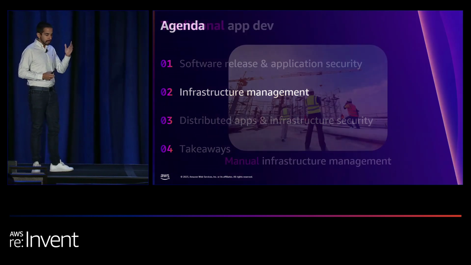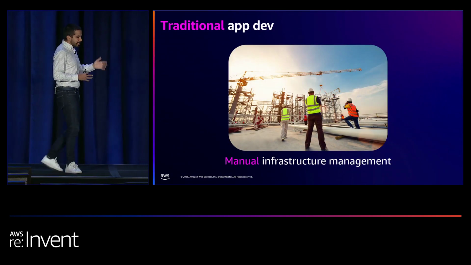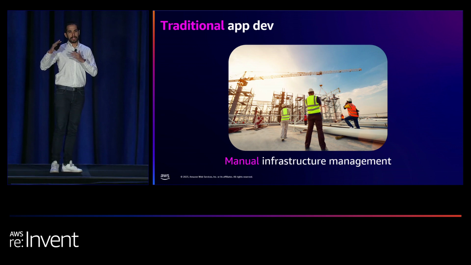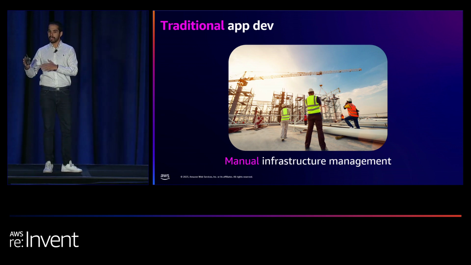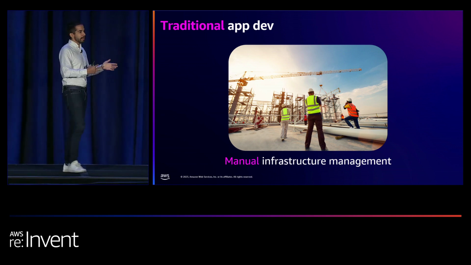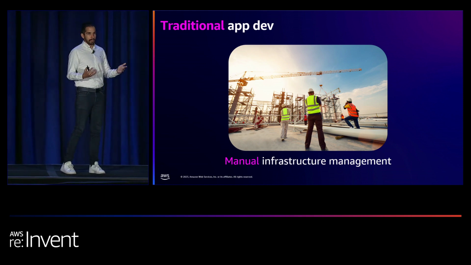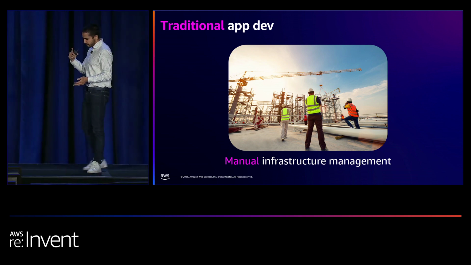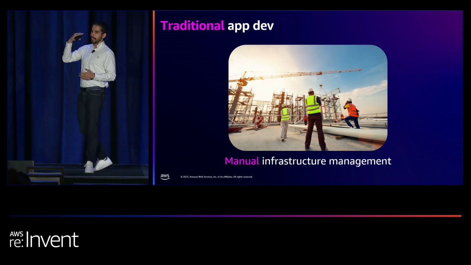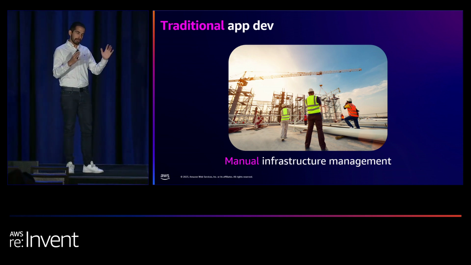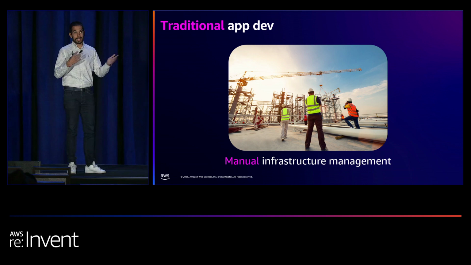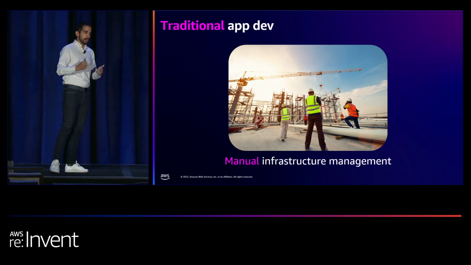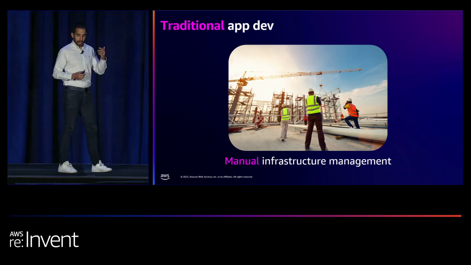So in many traditional environments, even in some that have automated the software release process, they are still setting up the architecture manually. You can have engineers setting up servers and databases and networks following a list of steps. Although this is less common than having manual software release, it still happens today.